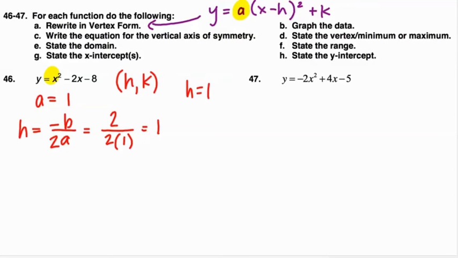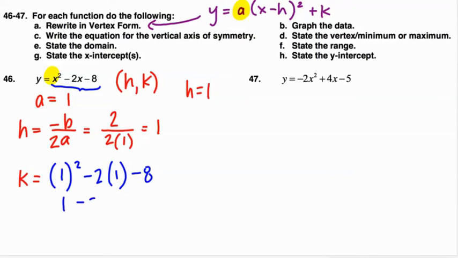Now to find the value of k, we're going to plug 1 back into this equation. So instead of x squared, we'll have 1 squared minus 2 times 1 minus 8. That would be 1 minus 2 minus 8 would be negative 1 minus 8, which is negative 9. So h is 1 and k is negative 9.